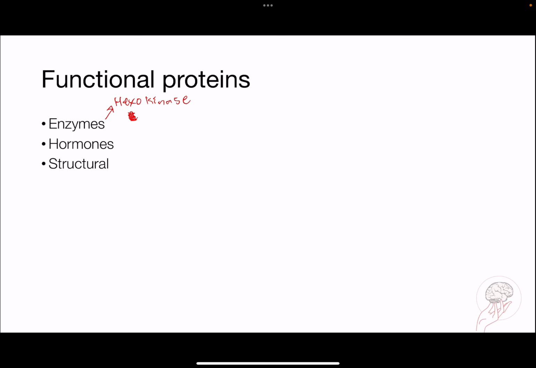Gosh, I'm trying to think of a non-kinase, but phosphofructokinase. And tons upon tons more. Lactase, there we go.